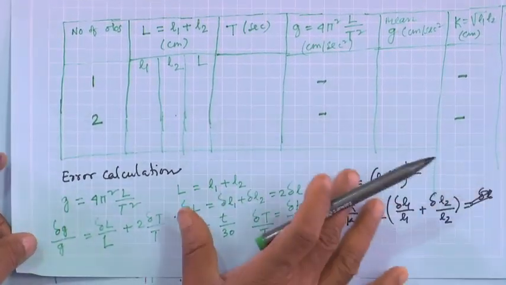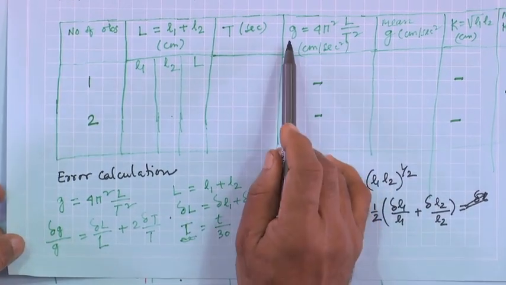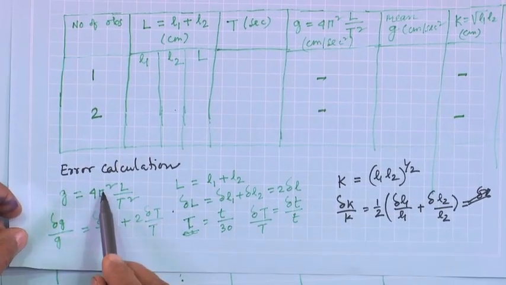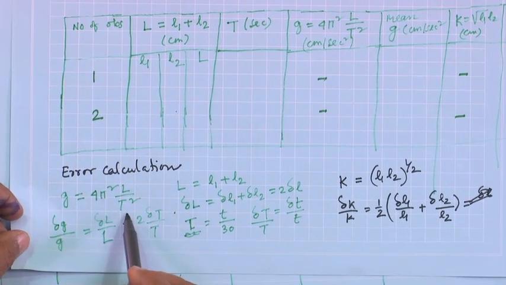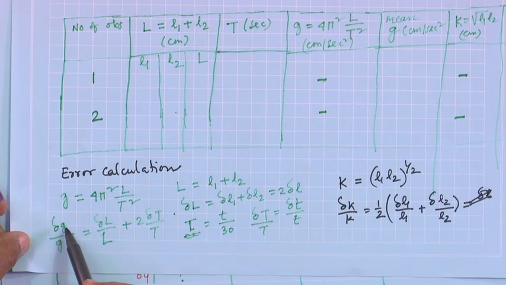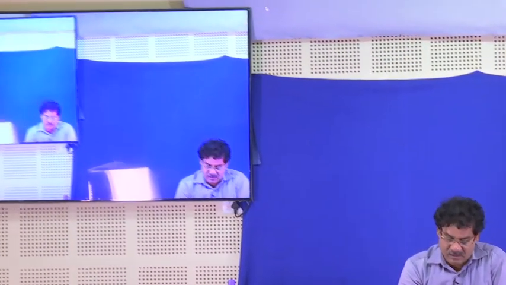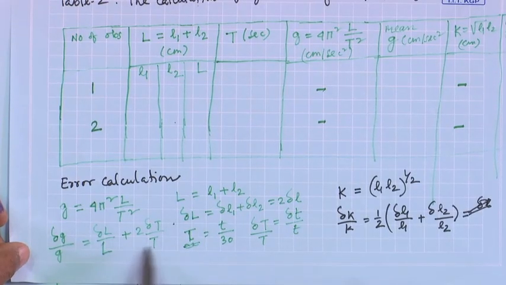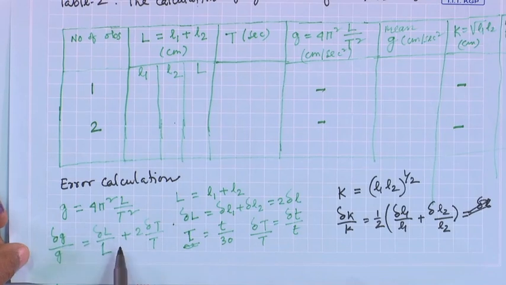Then you will get the values of G and K, and error calculation is easy. G equal to 4 pi square L by T square. So, delta G by G equal to delta L by L plus 2 delta T by T. You know how this relation has come, I have discussed it many times.